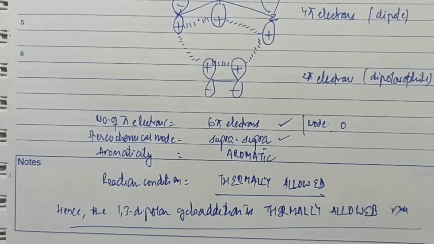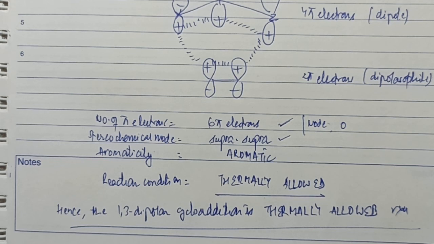The result is a stereospecific formation of a 5-membered system. Normally these 5-membered systems are heterocyclic because 1,3 dipoles generally contain a heteroatom in between them. One or more than one heteroatom is normally present. Therefore, 1,3 dipolar cycloaddition reactions are very easy and common techniques to prepare these 5-membered heterocyclic compounds in a stereospecific manner.